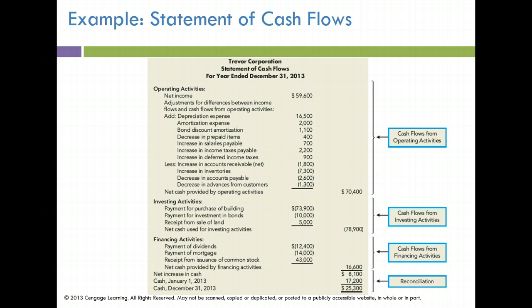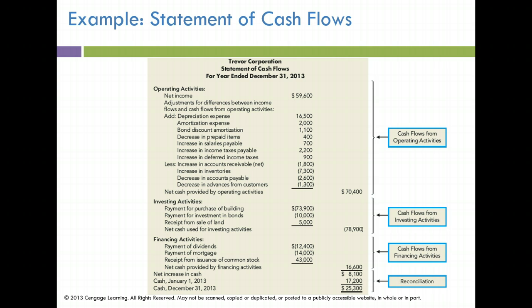Because that payable at the beginning of the period was really an expense in the previous year, but now we're paying it now. Do you see what I'm saying? So that uses up cash, but it affected the previous year's income statement. Next, we have things we need to subtract.